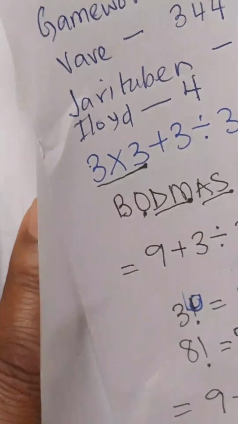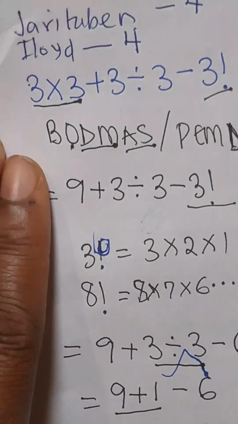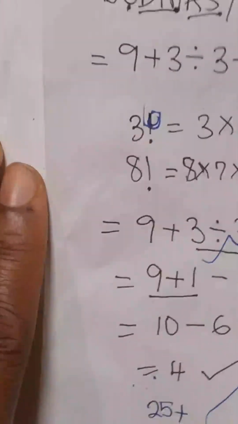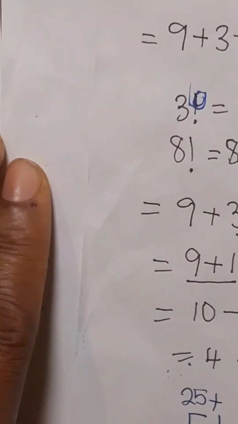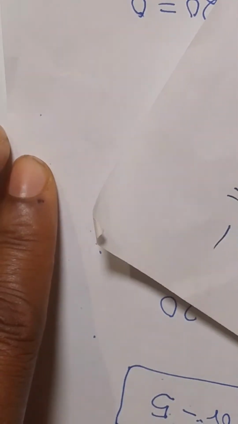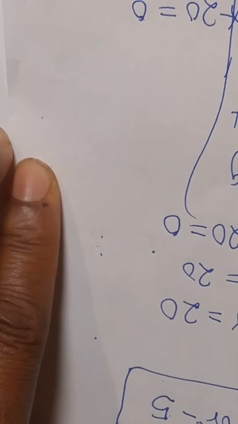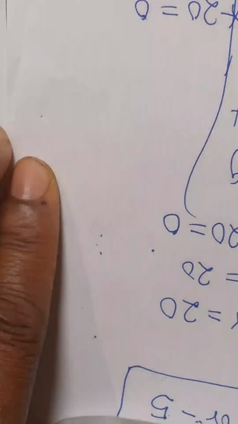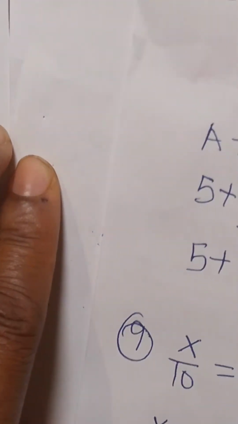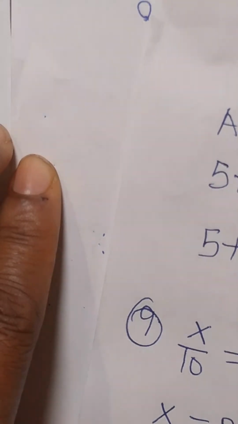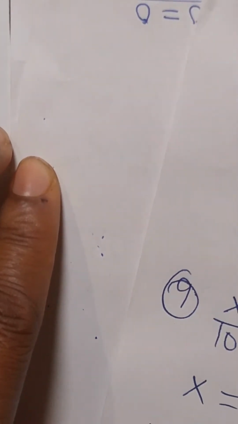Okay, wait, I'm waiting for something. We have Shreya, we have Game World, Wave, Jaributen, Elod, Arifia, Kekana, Wilson, Naruto. Thank you. So I'm calling out all those who participated today. We have Weda, we have Emmanuel, we have Yash.